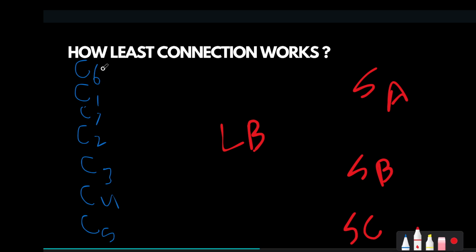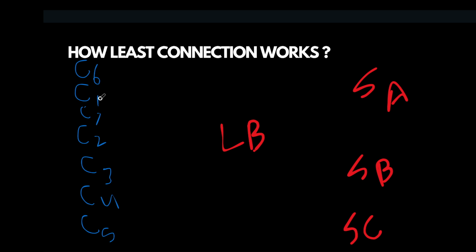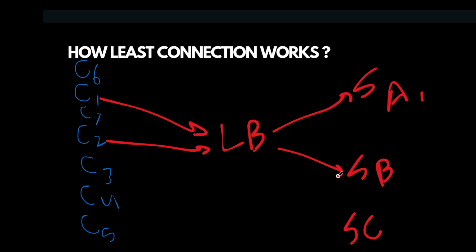So the request goes from client 1 to the load balancer, which will go to server A, which has 0 connections. Right now it has 1 connection. The request from client 2 will hit server B. Right now it has 1 connection.